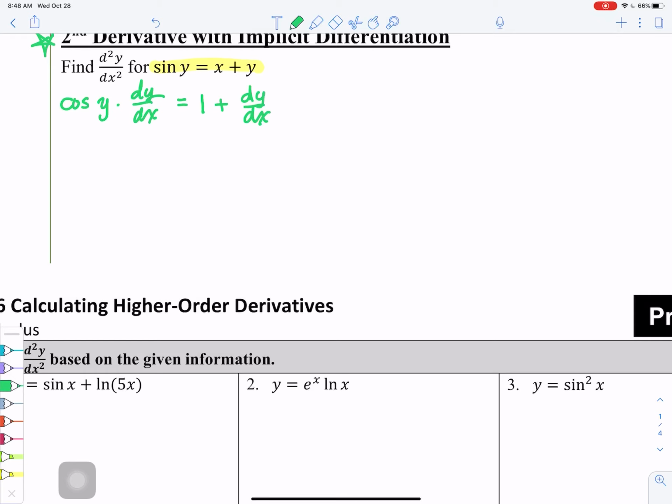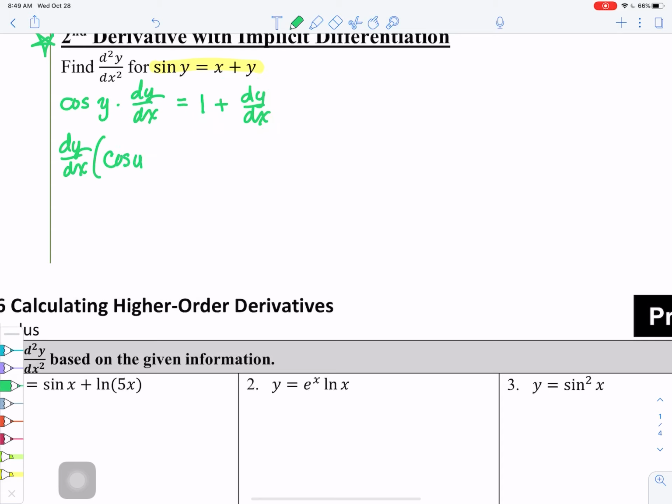Now we're going to gather the dy/dx's on the left side of the equation. I'm going to show you a little shortcut with algebra. We know we'll be factoring out that dy/dx when we bring this term over here. So why not think about that term? It's positive on the right-hand side of the equation, so it's going to be negative on this side.